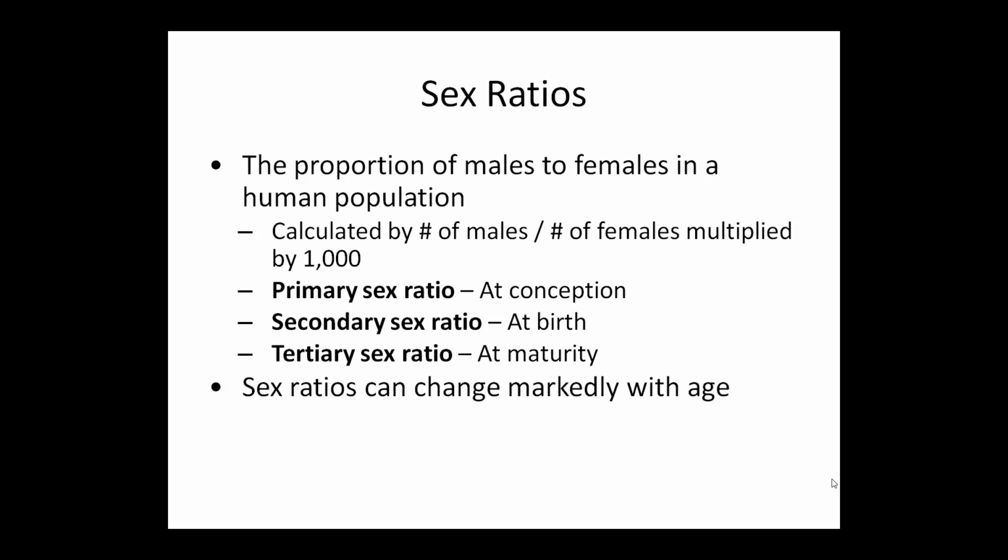For example, at conception they might be 50-50, but at birth there might be slightly more males than females because of practices in countries like India or China, where sometimes people do an ultrasound and they do abortions where they eliminate baby girls, because it's preferable to have a boy, especially if you cannot really afford to have a lot of children or you're not allowed to have more than one child.